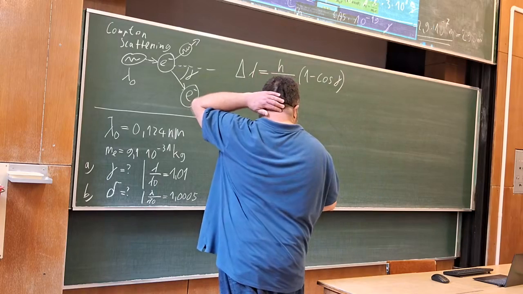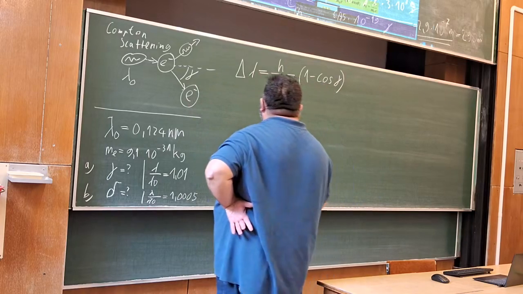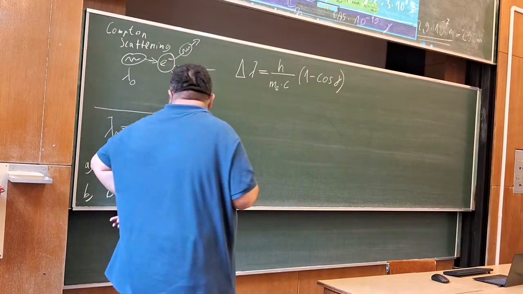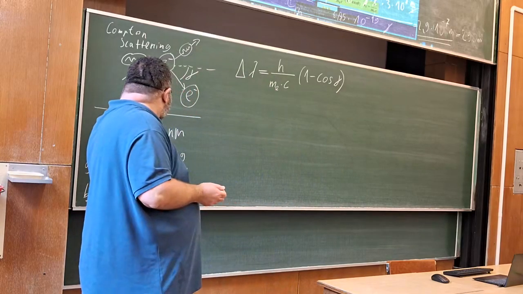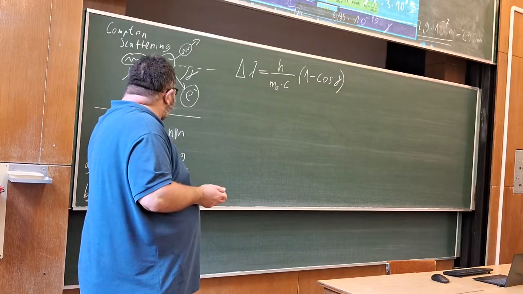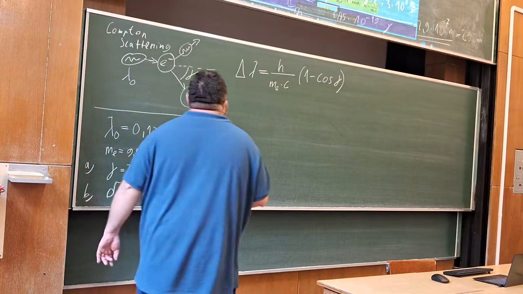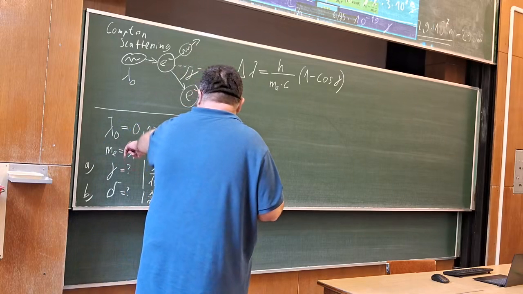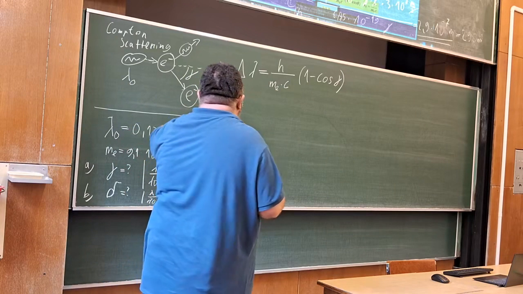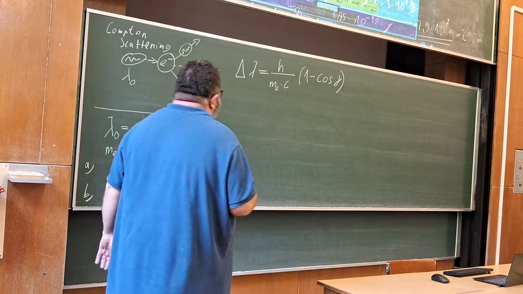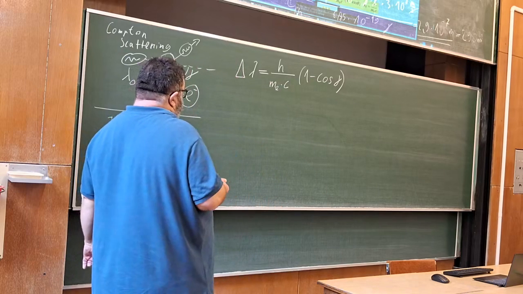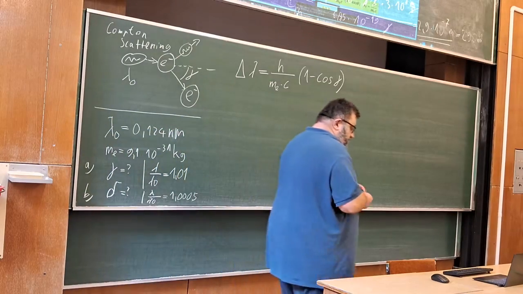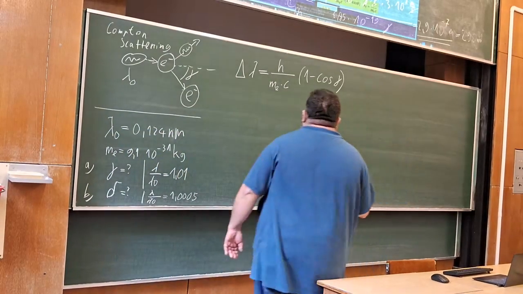What do we have? We have this lambda, and therefore we know the delta lambda, it's 1%. And what is the question? Yeah, the angle.